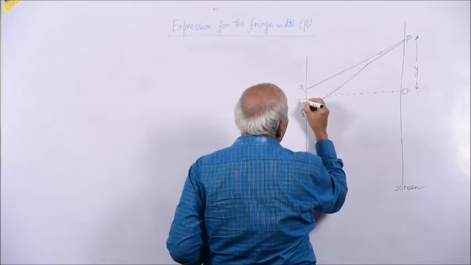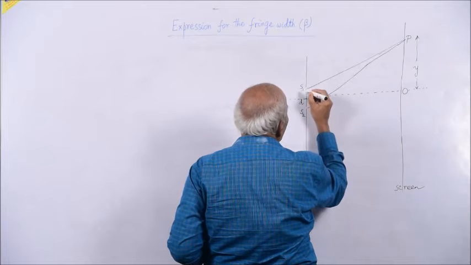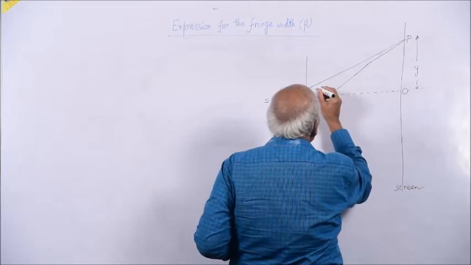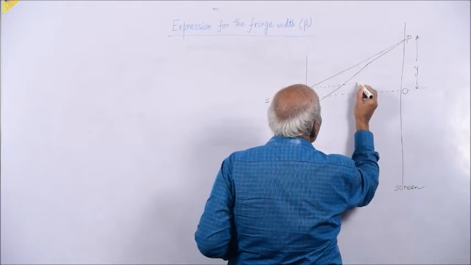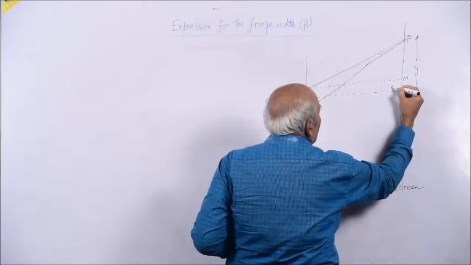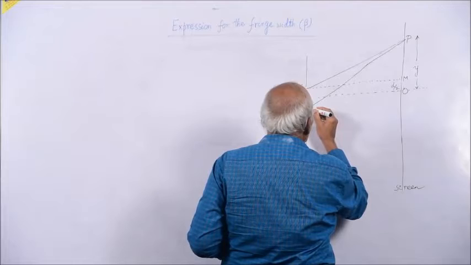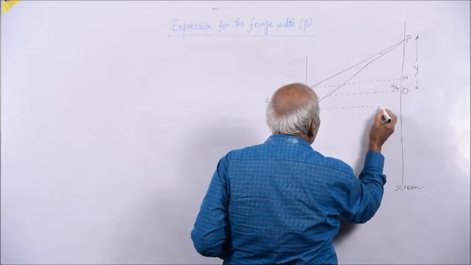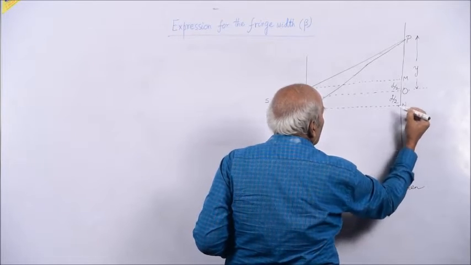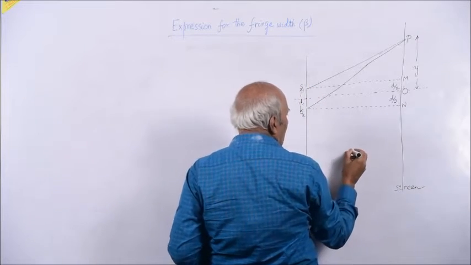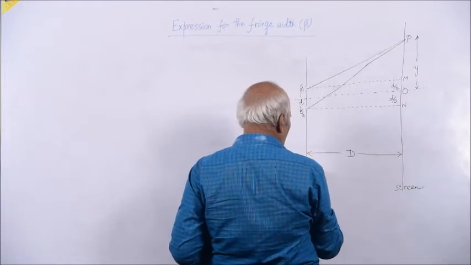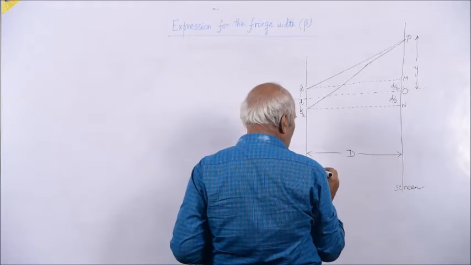If we write the distance S1S2 as d, then half of this, OM, is d by 2, and similarly this half, ON, is also d by 2, and let the distance between the cardboard and the screen be capital D.